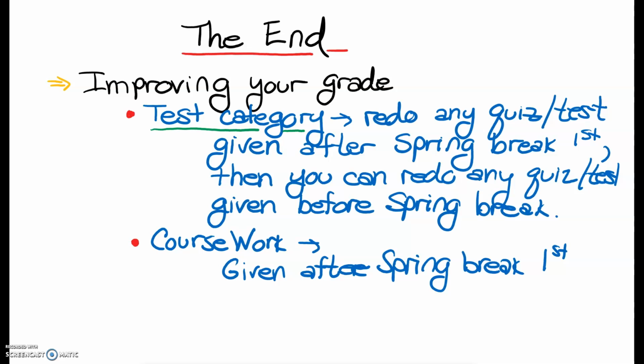Don't ask me for an assignment that was before spring break if you still have 0s in assignments given after spring break. You must improve on those assignments given after spring break first. Once you improve on those, then you can ask me for assignments given before spring break.